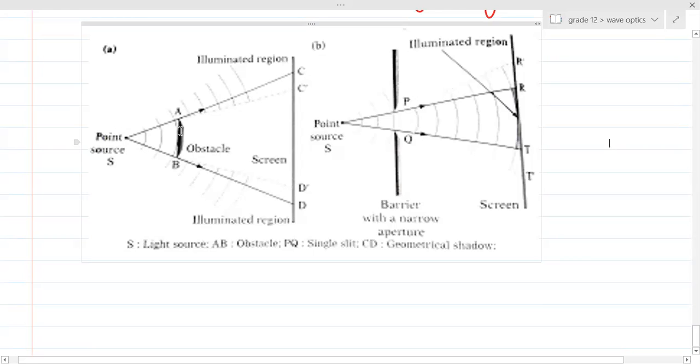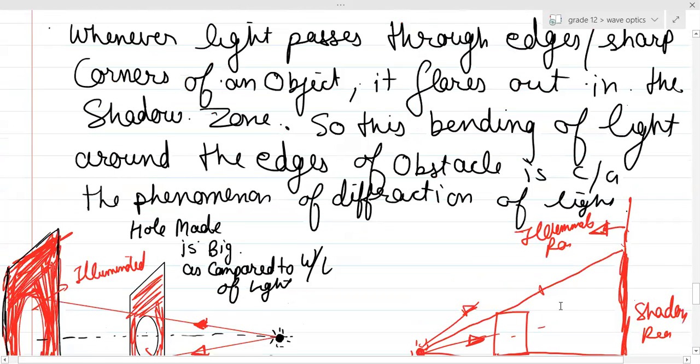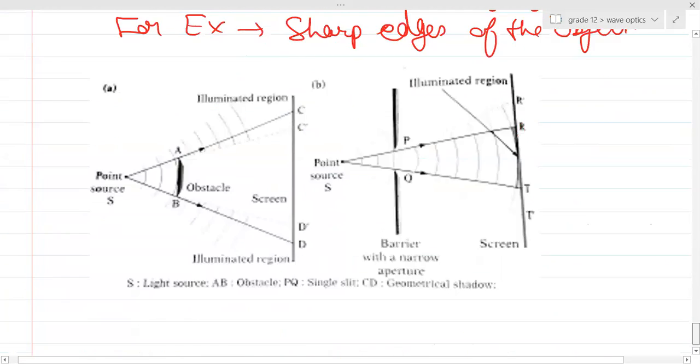But if you place an obstacle over here, here is the shadow region, and here is the illuminated region, guys. You understood? Which case am I talking about? I'm talking about this case.